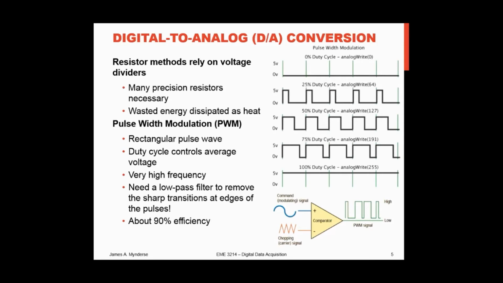And over here on the right, you can see 0% duty cycle, it's off all the time, 25% duty cycle, it's on 25%. And this command right here is an Arduino command, where 255 is 100% duty cycle. That's basically 8 bits.